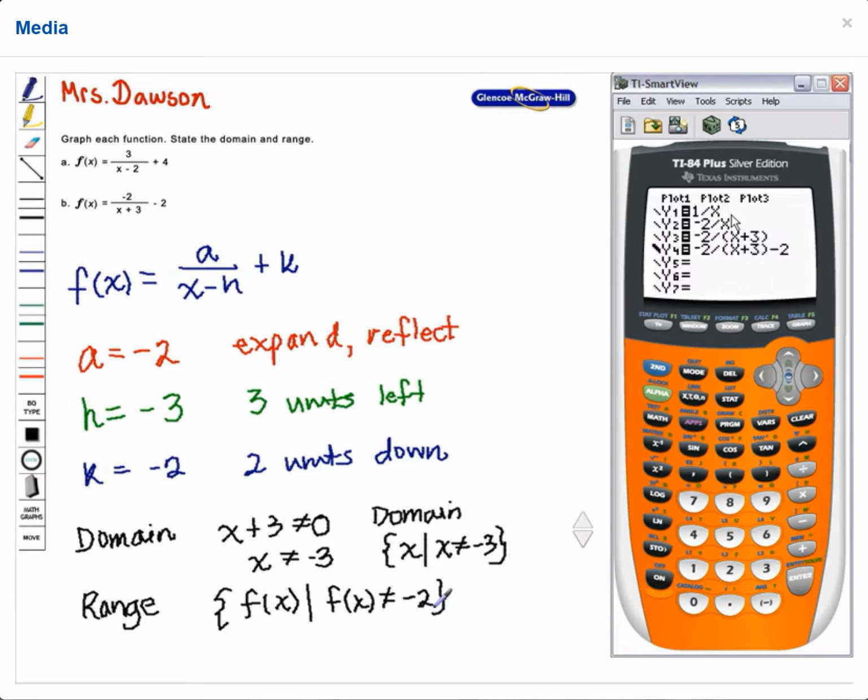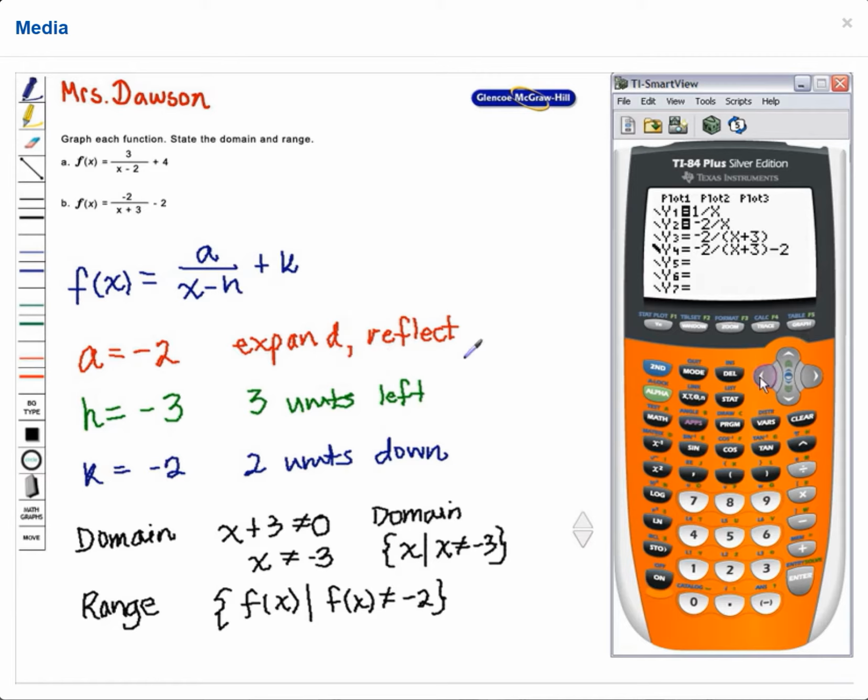In y1, we have the parent function 1 over x. And for now, I'm just going to turn off the other 3. So we'll graph the parent function, and you can see 1 over x. Going back to y equals, we'll turn on negative 2 divided by x. We're expecting an expansion and a reflection.